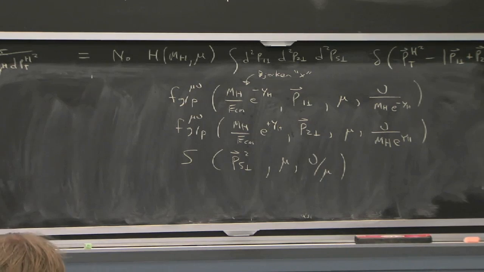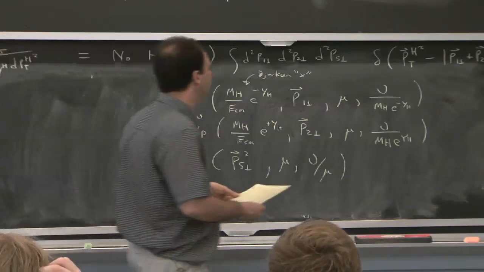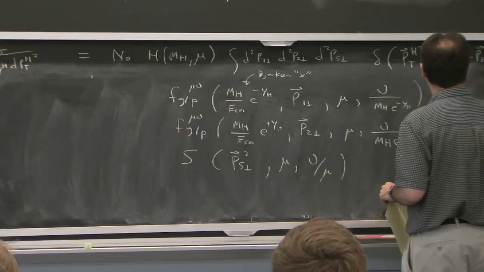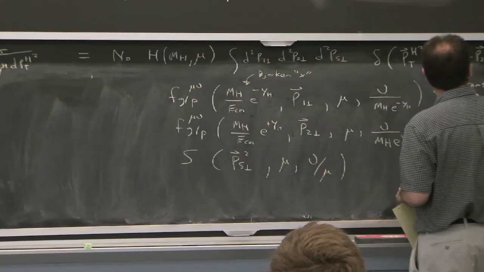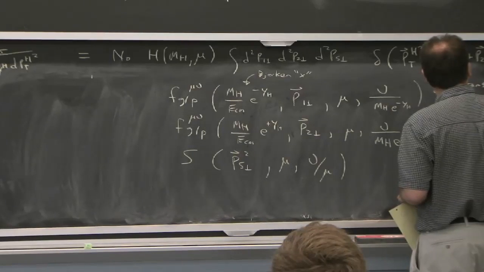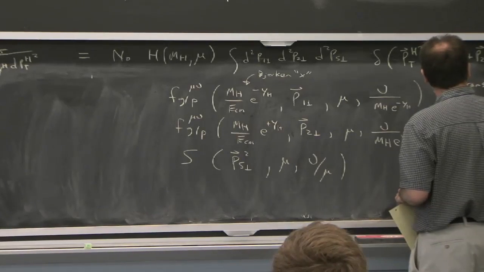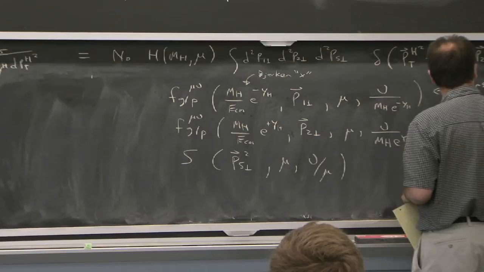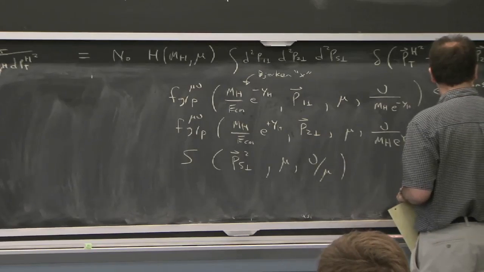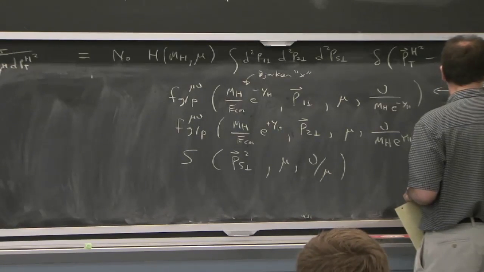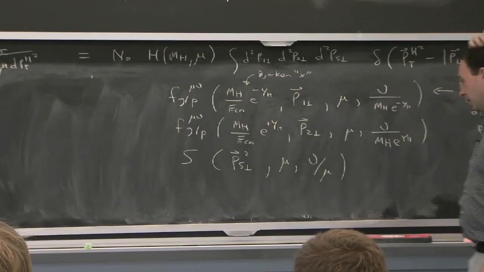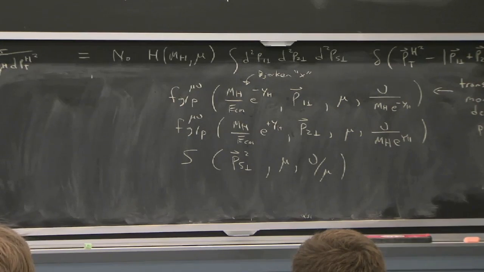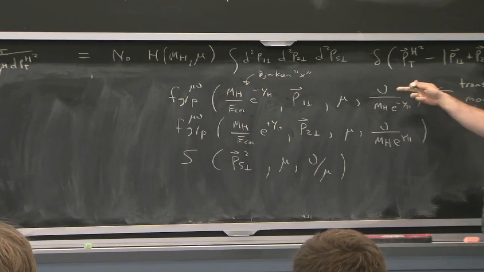Okay, so these are called transverse momentum dependent PDFs. So they're not the standard PDFs that you're used to thinking about. They have this dependence on transverse momentum. And because of that dependence on transverse momentum, they also have these rapidity divergences.